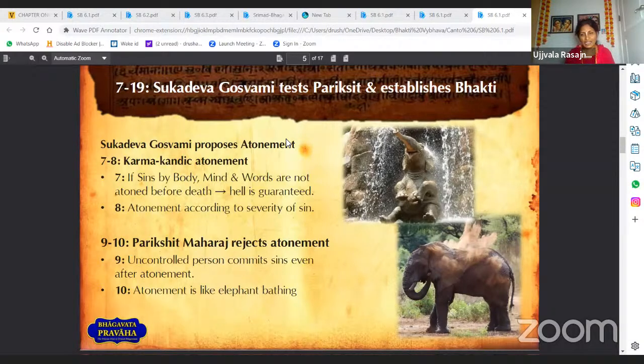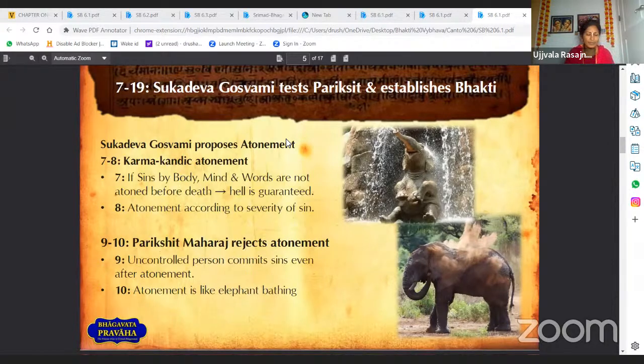This does not satisfy me. First of all, there is a risk that the person would end up in hell. And second, though he is doing the atonement, he still has the desire to continue to commit the sin. And this is not safe. So please give me the next best answer.